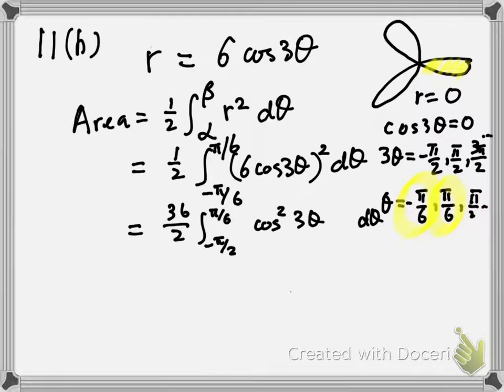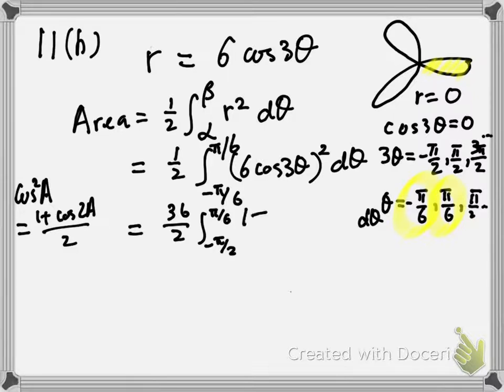To integrate cosine square, we convert that to 1 plus cosine twice the angle over 2. So I'm going to erase that and replace it with 1 plus cosine, well, twice of 3 theta will be 6 theta, over 2.